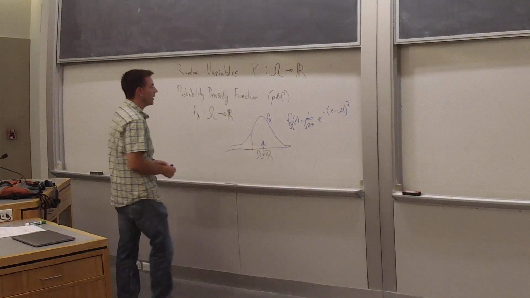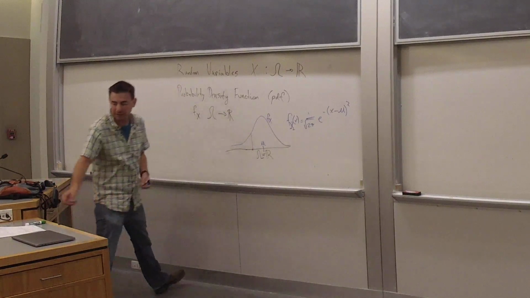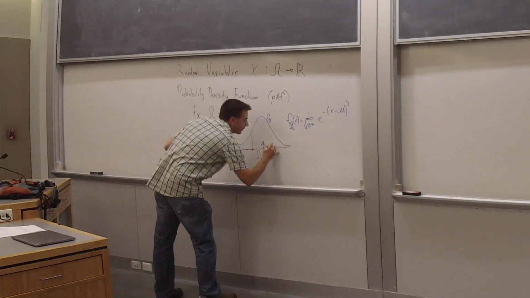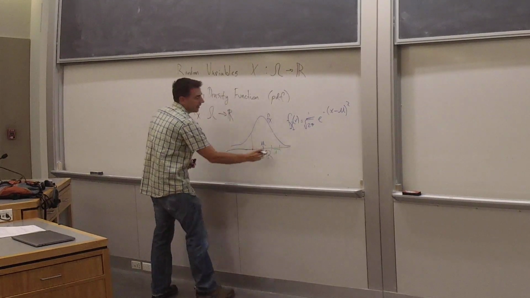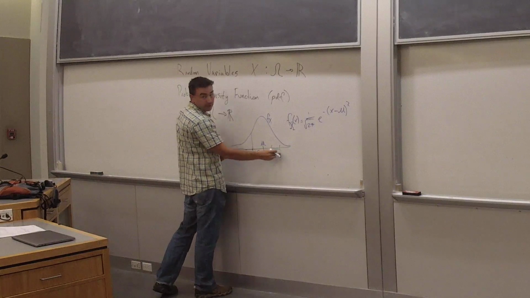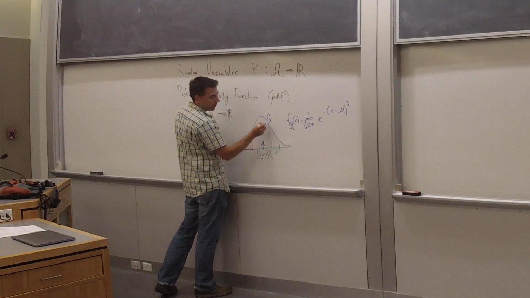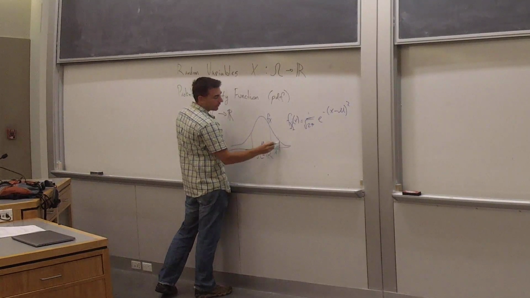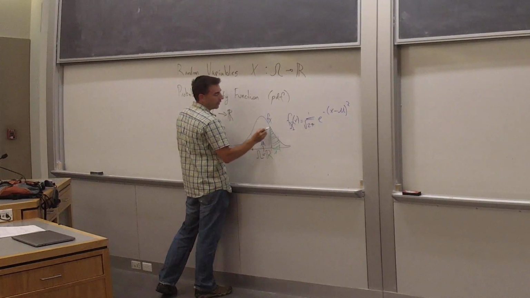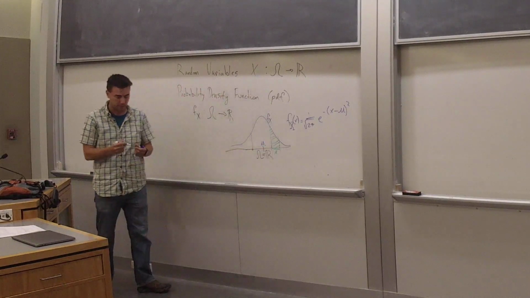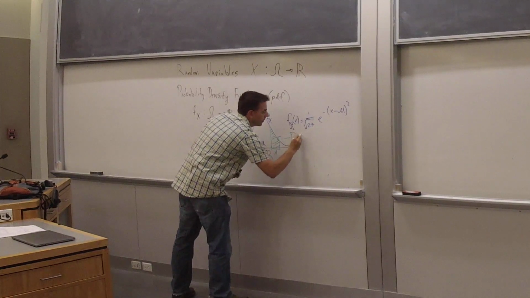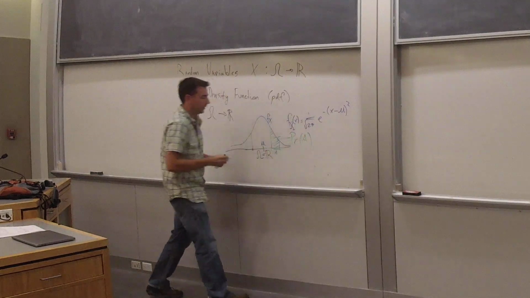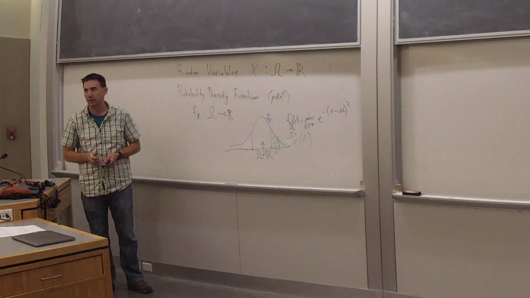And then if I wanted to say some sort of event in the space, for instance, I have some event A, which is this region here, say x is between 1 and 2, then the probability of A is the area under the curve in this region. So this maps to the probability of this event A. It's this area under the curve.